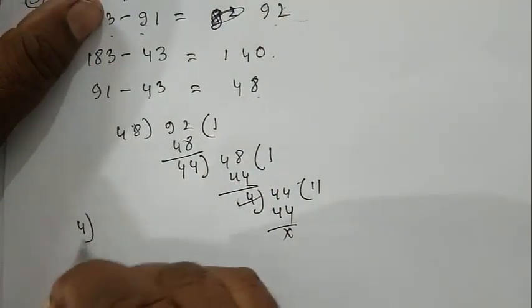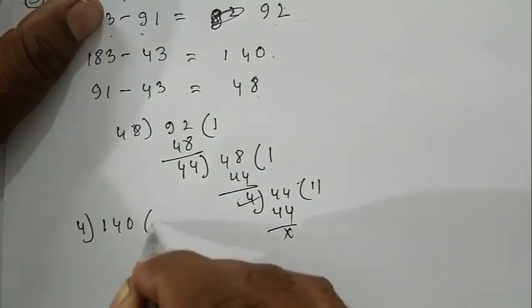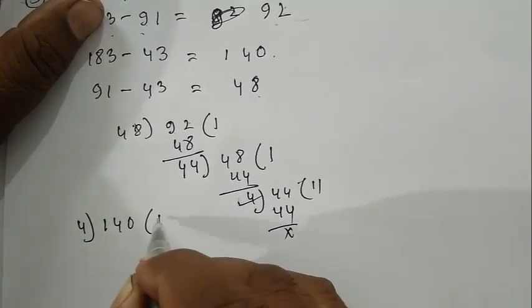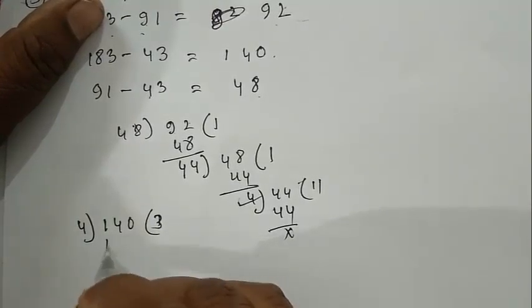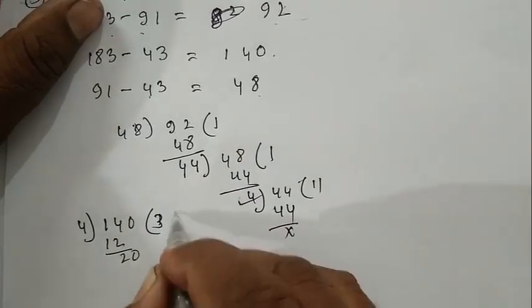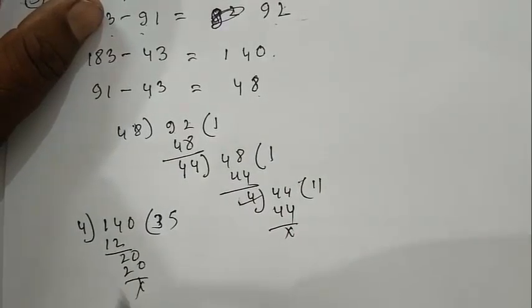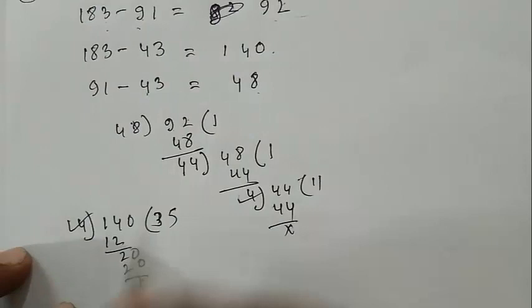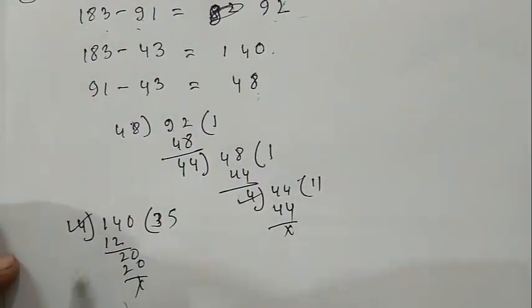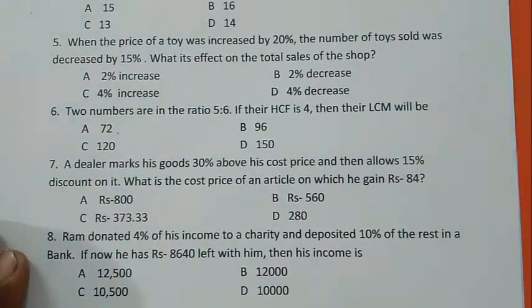So the HCF of the 3 numbers is 4, so 4 is the right answer. C is the correct answer.